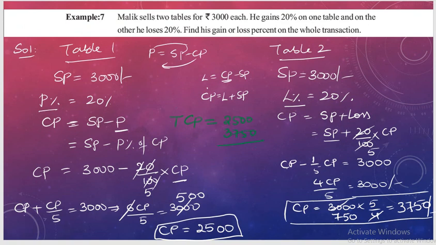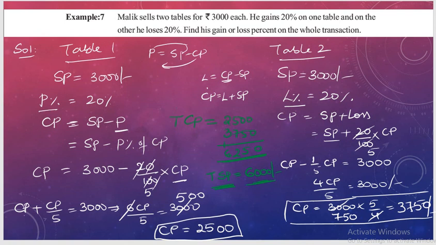If you add these two, this is 0, 5, 7, 5, 12, so 1 will be carried, 3 plus 3, 6, so 6250. The same way, total selling price means both are sold for 3000, that means it is 6000. So clearly selling price is less than cost price.